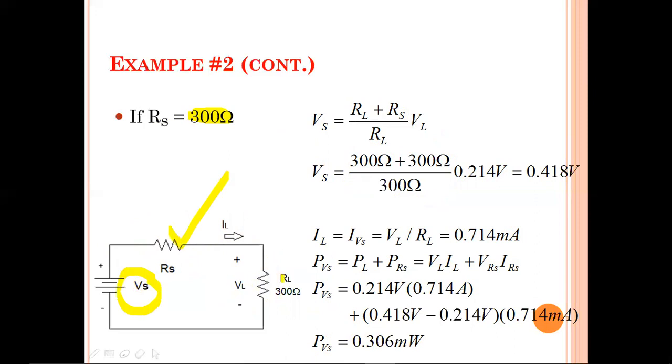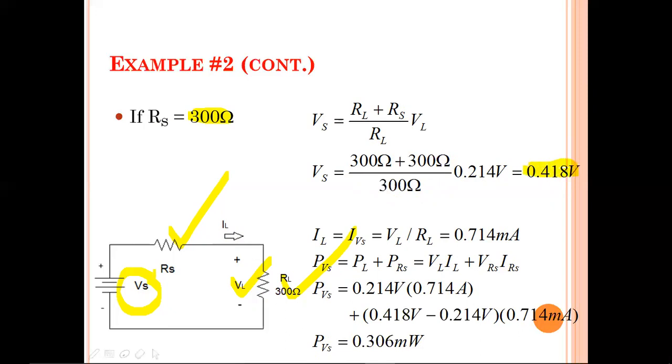These are Rs, RL and VL. These are already known parameters. Then after applying the voltage division rule, you will get the total voltage across the source. That is 0.418, which will appear across the source.